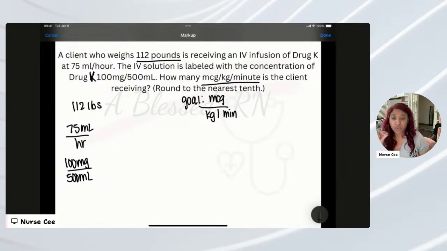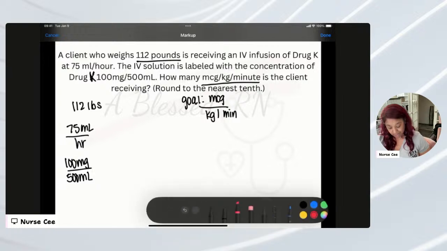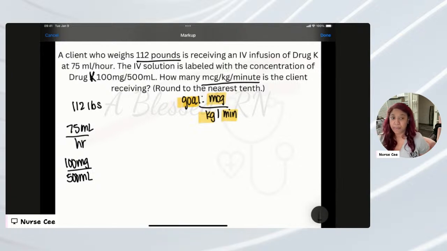Okay, so those are all of our pieces. So what are we going to start with? The goal. I like using my little highlighter. The goal says we need microgram on the top, kg and minute on the bottom. Okay, so do I have any micrograms to start with? Mm-mm. But I have milligrams.